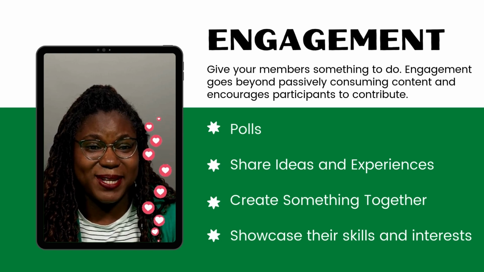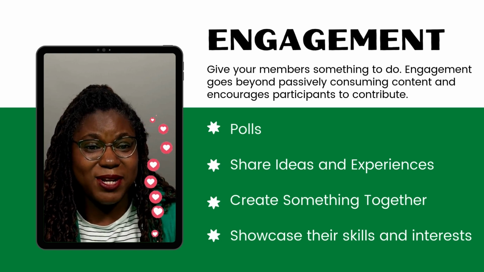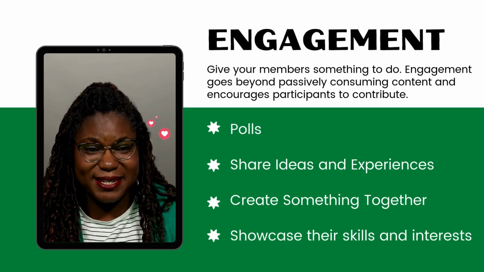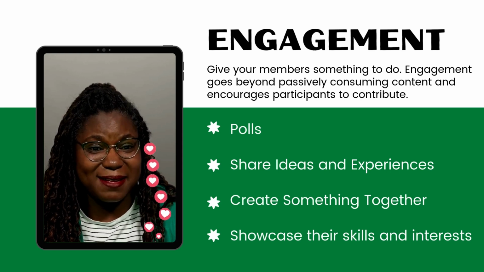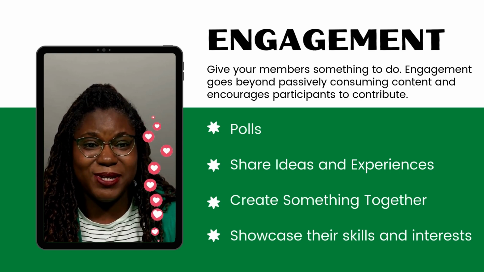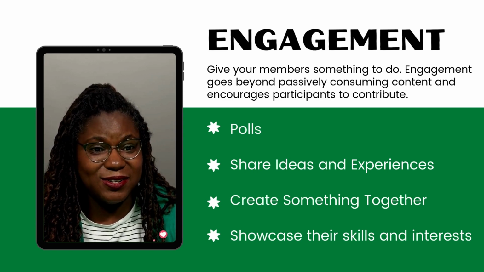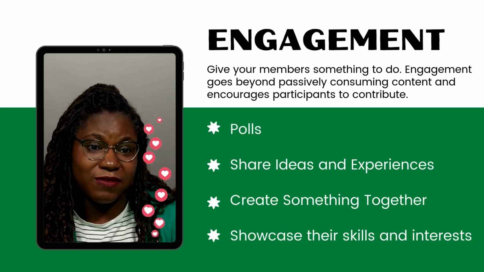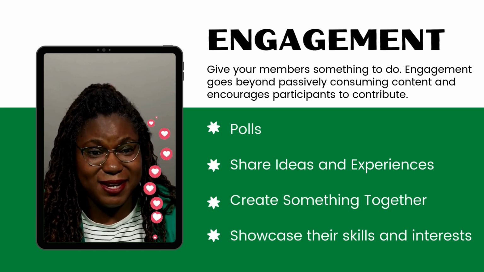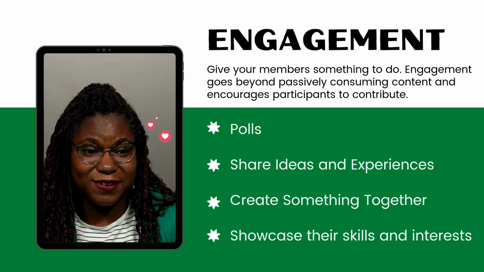Engagement goes beyond simply communicating with students, but you're really looking for active participants, which means you need to give them something to do, a way to contribute to the community that they are a part of. And there's a couple of ways that you can do this. So you can utilize polls as a really low level way of being able to get feedback and getting contributions and ideas from your members.